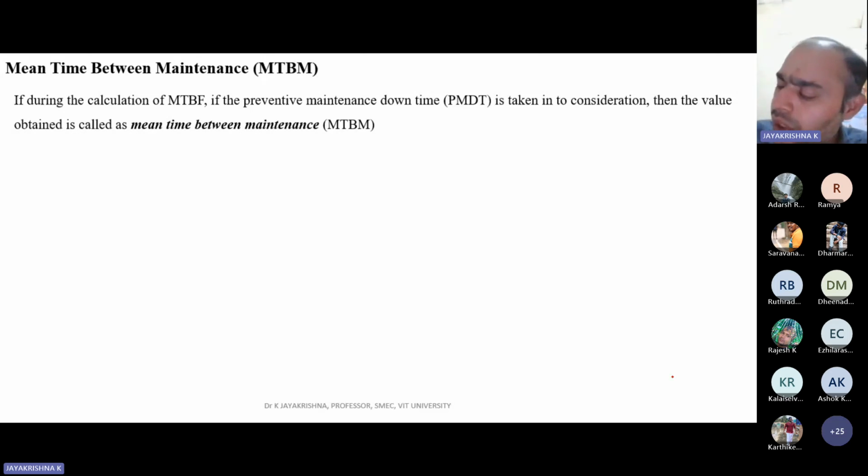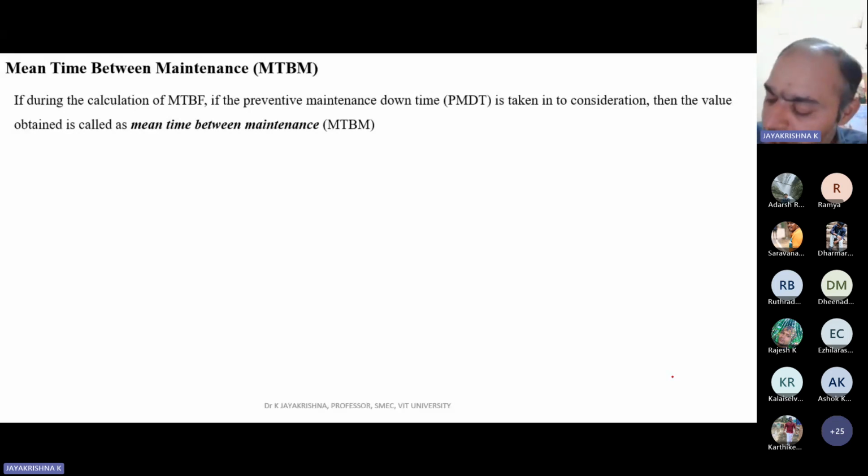Then after some 20 days, say on the 23rd of March, again you are going to carry out the maintenance activity, the preventive maintenance. So the time between these two maintenance activities is called mean time between maintenance. If during the calculation of MTBF, the preventive maintenance downtime is taken into consideration, then the value obtained is called mean time between maintenance.